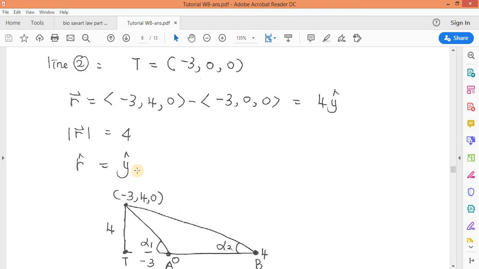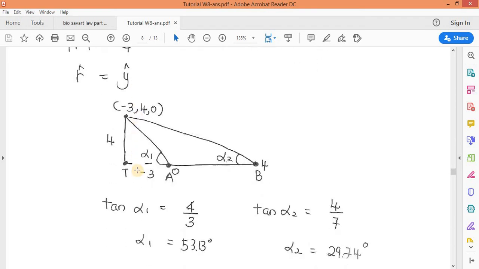So I draw again the position in 2D. Here is the point A, I label it as 0. This is point B, I label it as 4, because the current filament starts from 0 until 4. And this is your point T, and unit vector R in these directions.